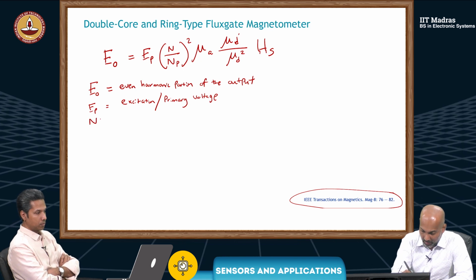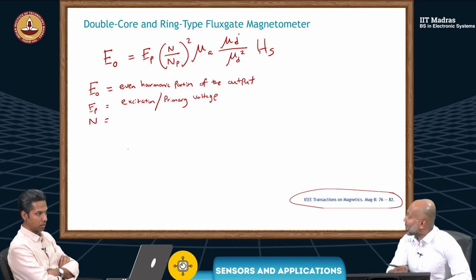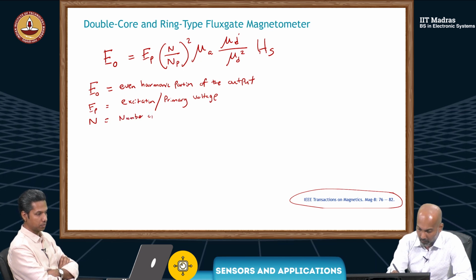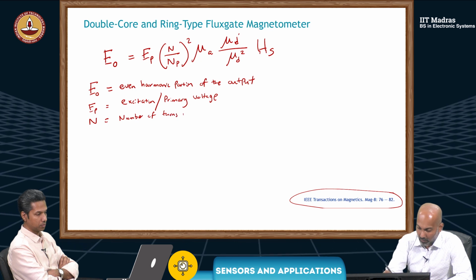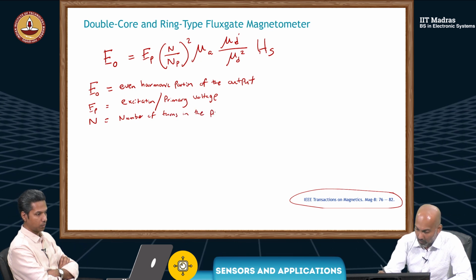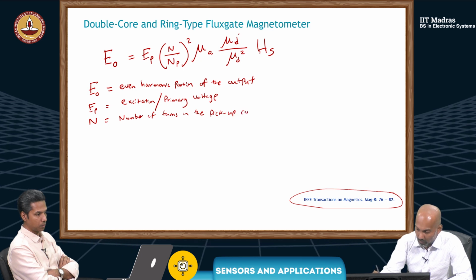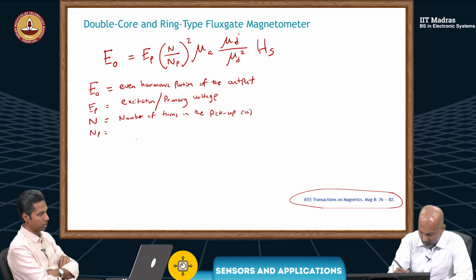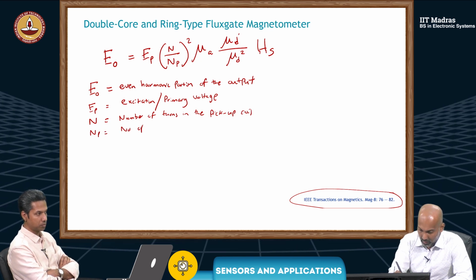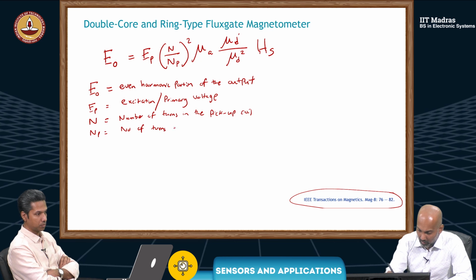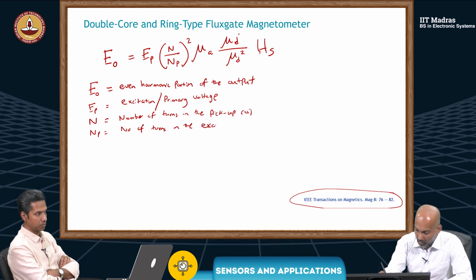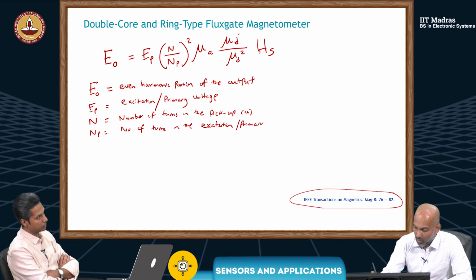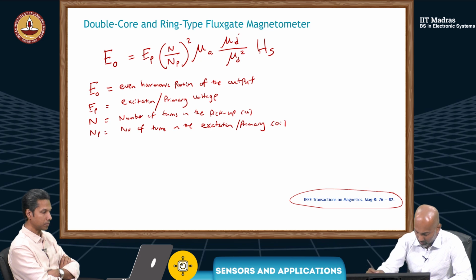Then you have N, which is the number of turns in the pickup. And then you have NP, the primary number of turns, the number of turns in the excitation or primary coil.